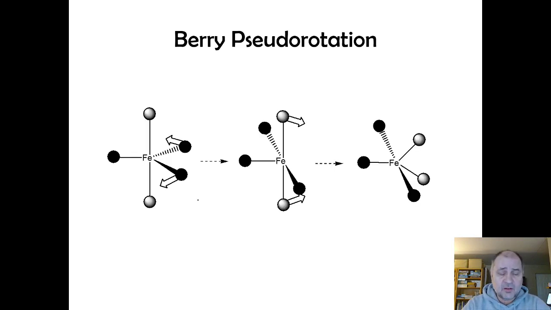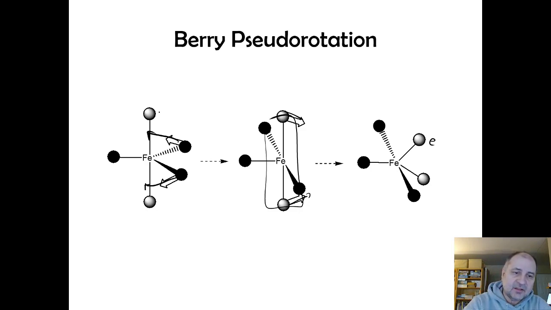So you go from a trigonal bipyramid to, if these move all the way out, you go to a square pyramidal geometry here, right? And then the color coding here is black equatorial ligands, and then when the two axial ligands now switch, they turn into equatorial positions.